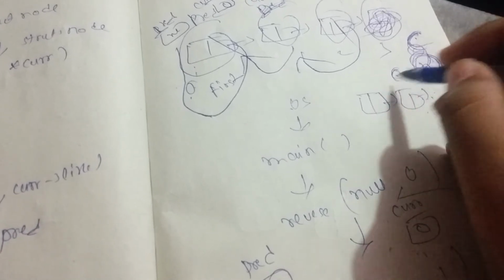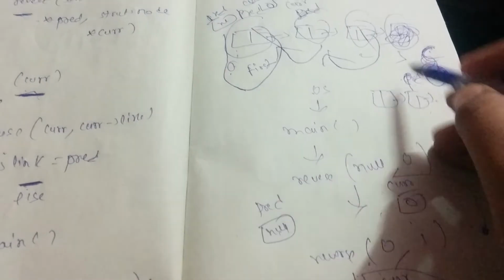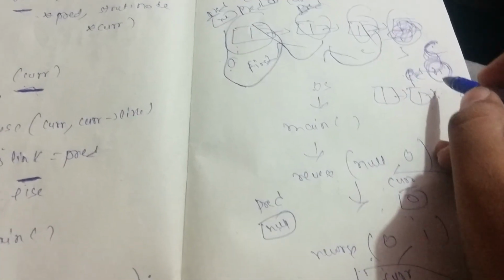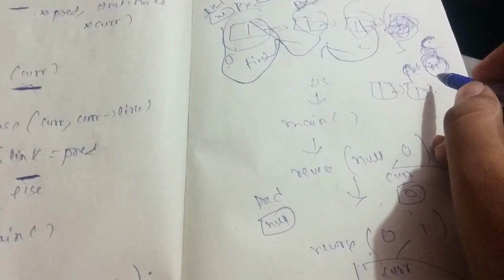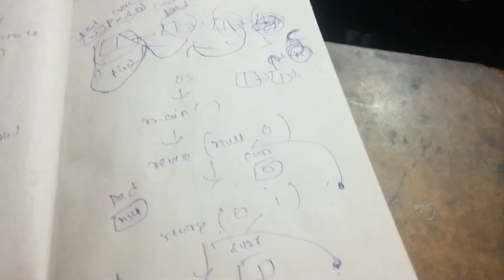Current should be equal to predecessor, because when current next is null, we have to think about the predecessor node, right?